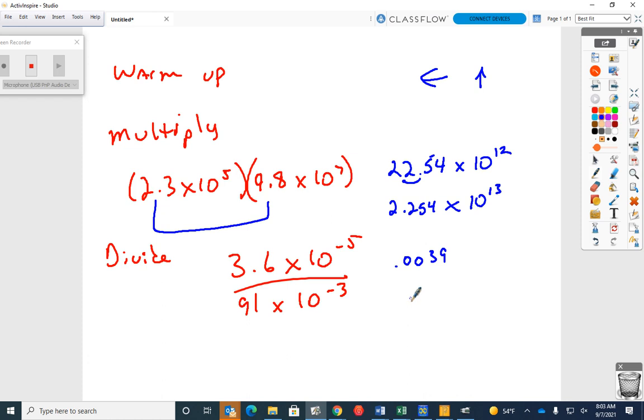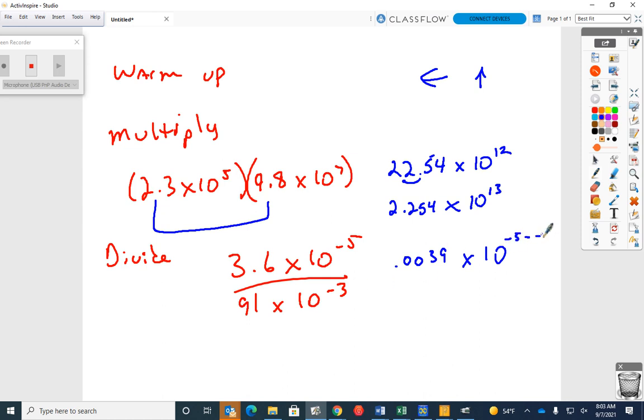No, you don't add if you're dividing. You just subtract them. Good.